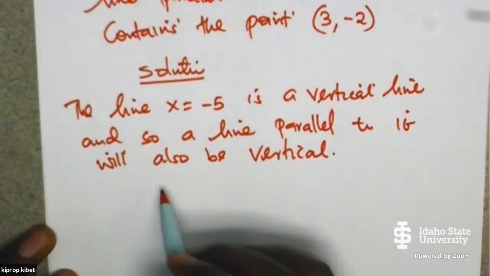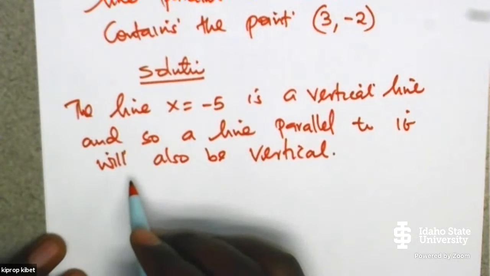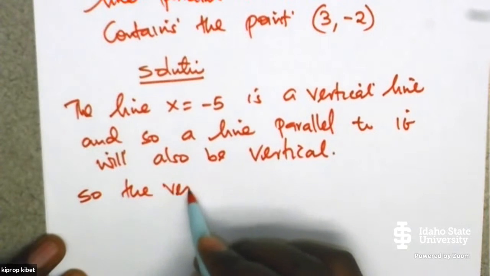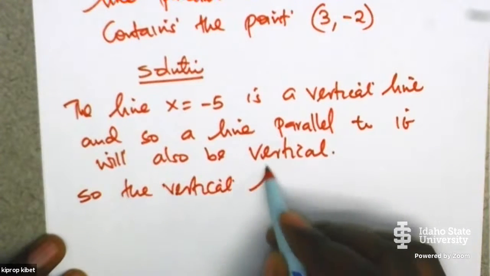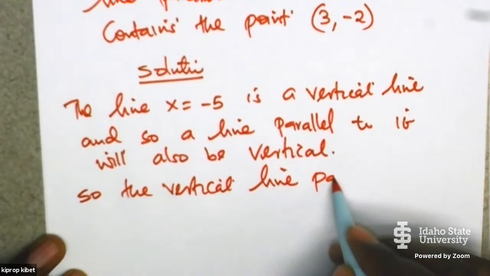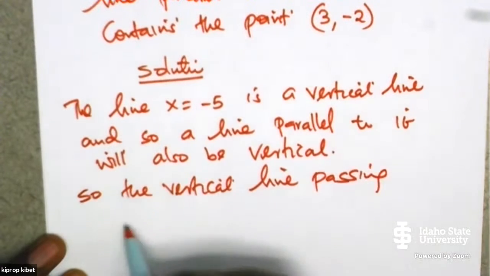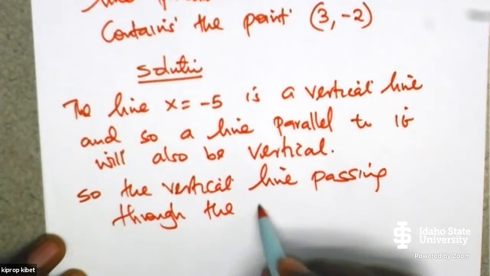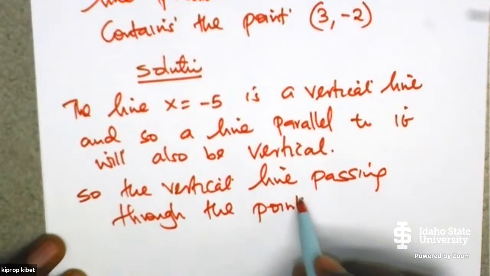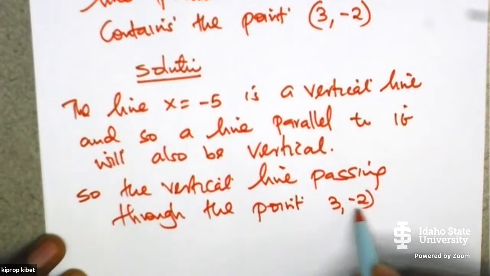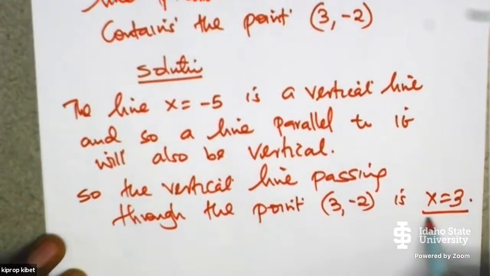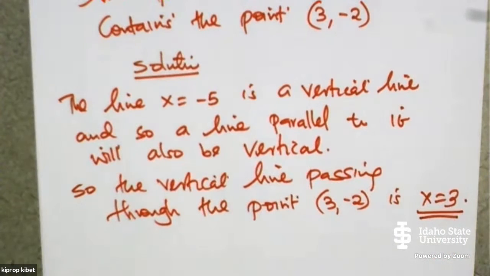In this case, the vertical line passing through the point 3, -2 is x equals 3.